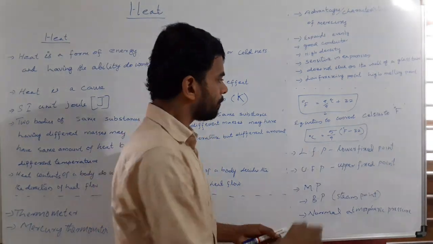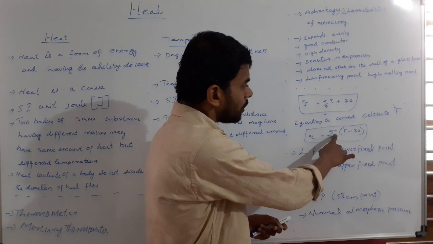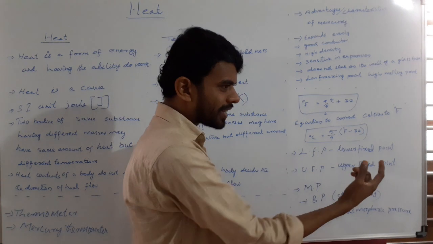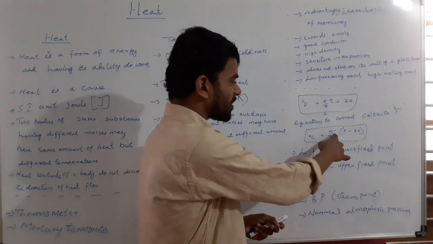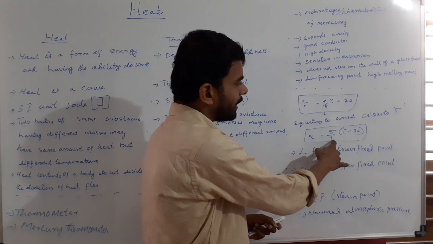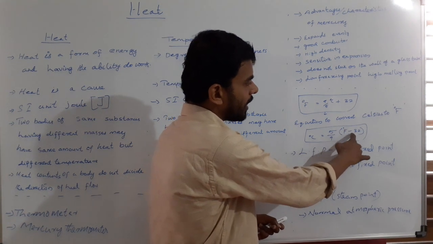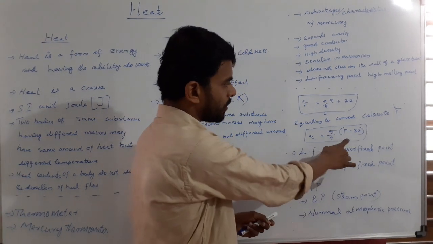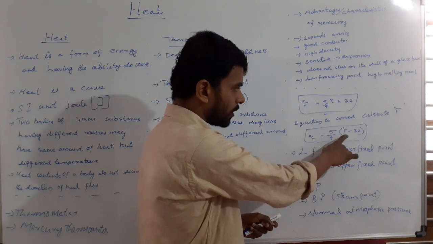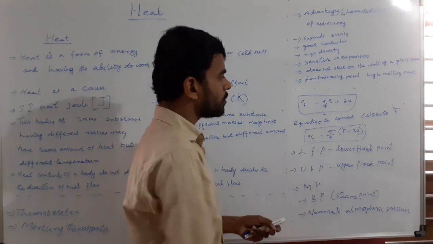Now 5 by 9 into degree Fahrenheit minus 32. This is the equation to convert Fahrenheit to Celsius: C = 5/9 (F - 32).